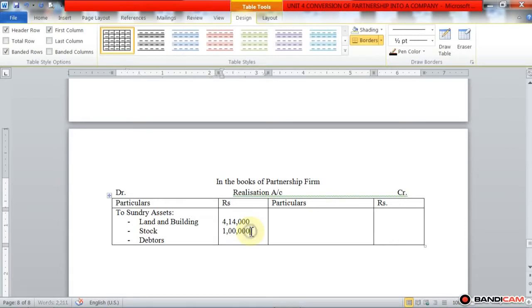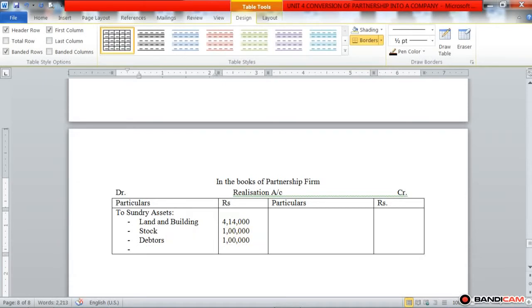So here transfer a book value of debtors amounted rupees 1 lakh. Okay, then next cash amounted rupees 70,000.